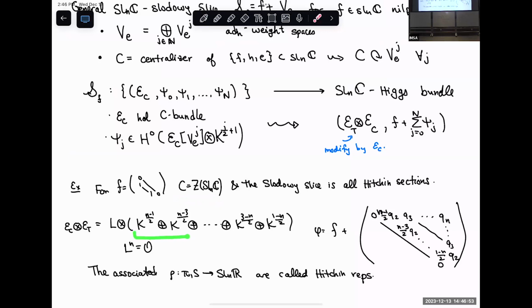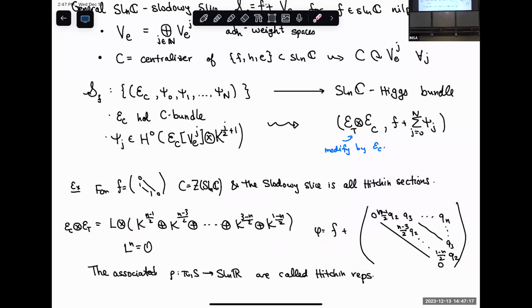Okay, so you take this bundle, and what you can do is twist it by an nth root of the trivial bundle. That's the freedom. Doing that doesn't affect F as being a global endomorphism twisted by K of this bundle. And then what I do is I add holomorphic sections.